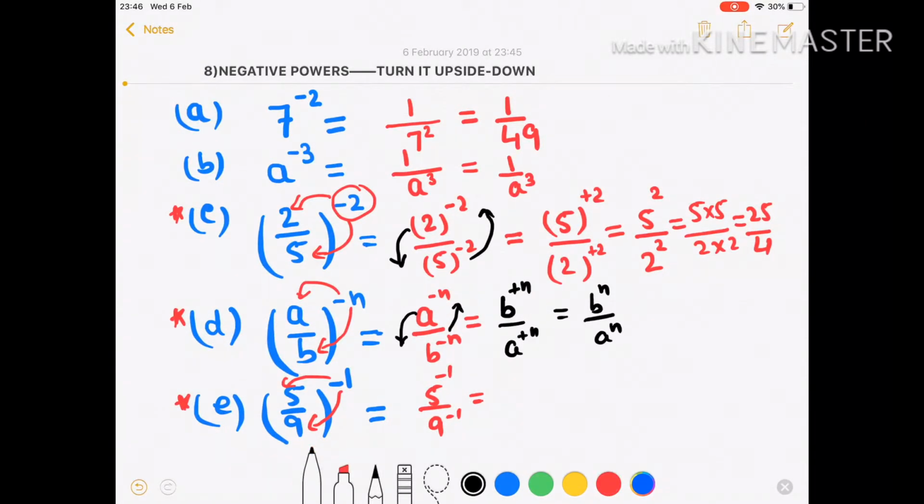And now, both powers are negative. Make them positive. Change the positions again. So 9 will go up, 5 will come down, and 9 will come positive plus 1, and 5 will come plus 1. So 9 to the power 1 means 9, and 5 to the power 1 means 5. The answer will come 9 divided by 5.